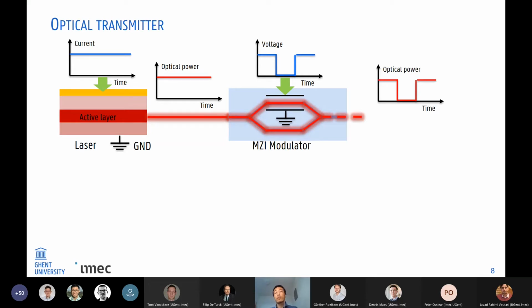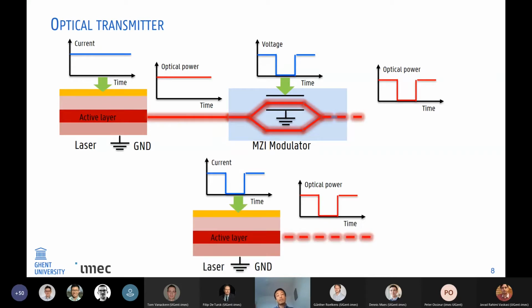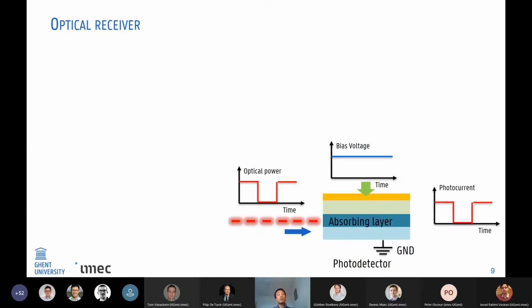Then we can encode the electrical signal onto the optical carrier. And there is another way. We can directly modulate the laser. Then we can directly encode the information onto this optical carrier. This structure is smaller, more robust, and has less power consumption.